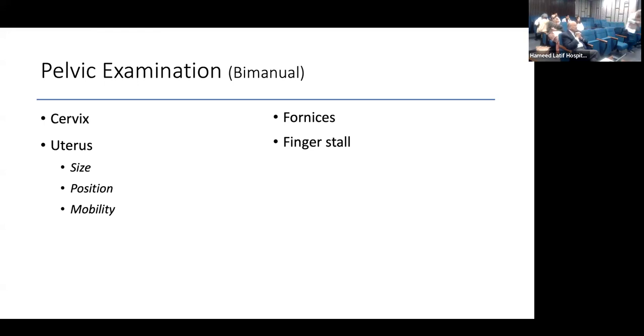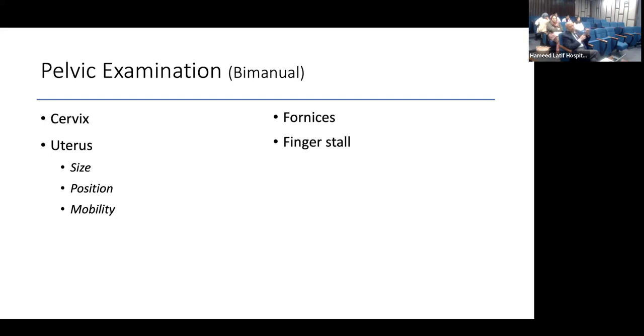So you will have a good idea of how your palpation corresponds with the visual assessment of the uterus, its size, position, anteverted, retroverted, anteflexion, retroflexion, etc. And then its mobility from side to side, from before backwards a little bit. And then also the fornices, particularly the lateral fornices.